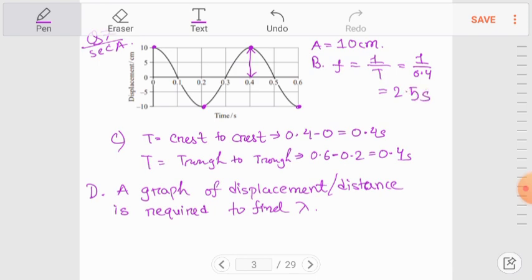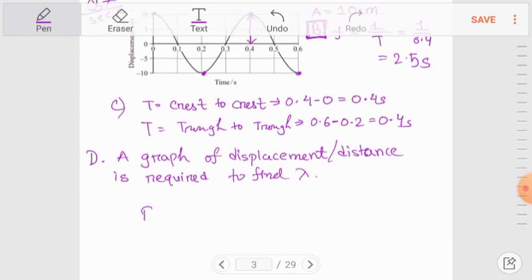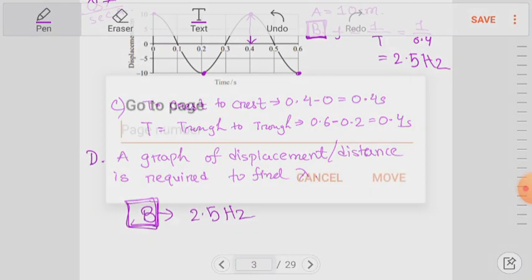So B is the correct answer because it gives the correct information from this graph. Sorry, I made a mistake, it's supposed to be Hertz, Hz. So B is the correct answer for question number 7. I hope question number 7 was clear. I'm moving to another blank page to solve question number 8.